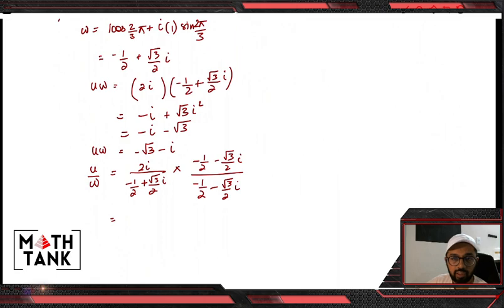So it's a simple multiplication process which we've learnt in the lectures. That gives me minus i minus root 3 i in the numerator. I multiplied 2i with both the numbers. The 2 cancels out. So I'm left with minus i and minus root 3 i squared basically.